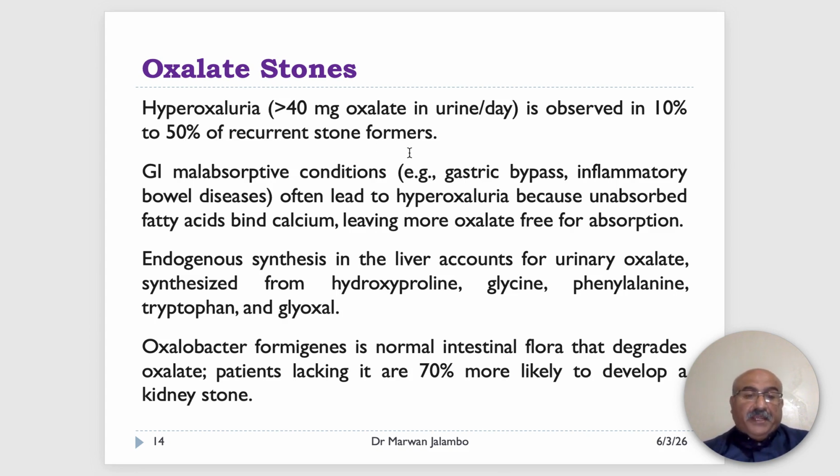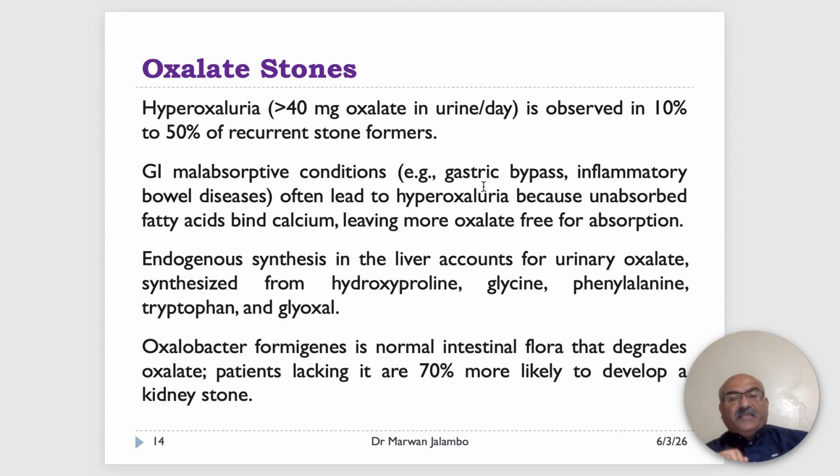It often occurs in patients with GI malabsorption conditions like gastric bypass because unabsorbed fatty acids bind up the calcium in the gut, leaving oxalate free to be absorbed into the bloodstream.